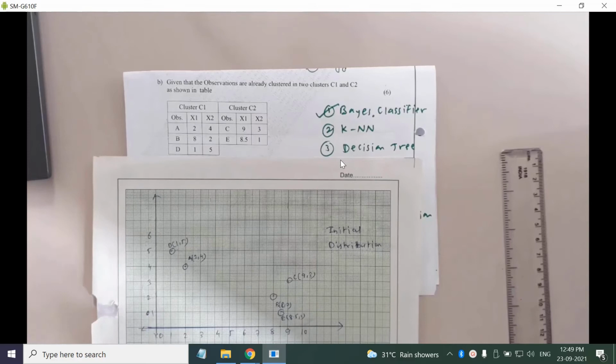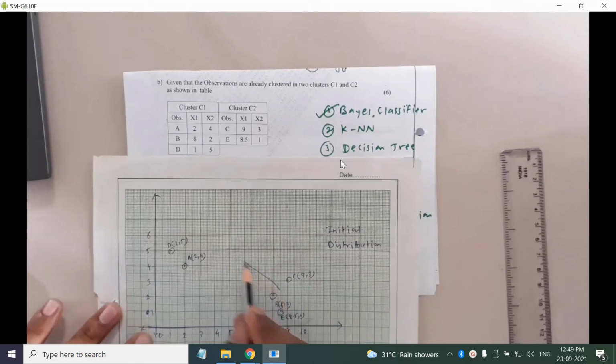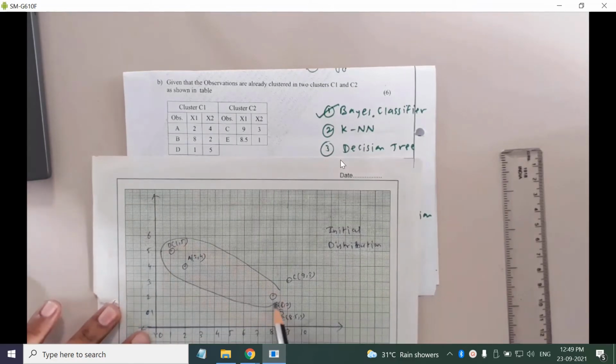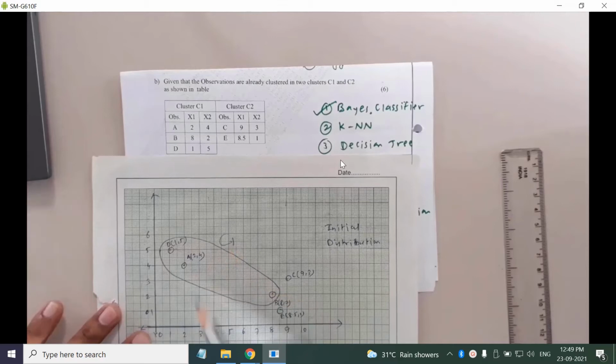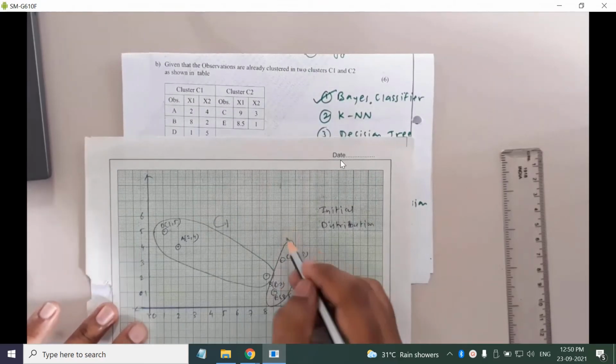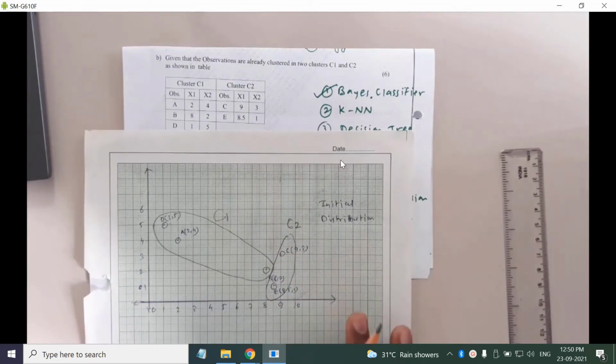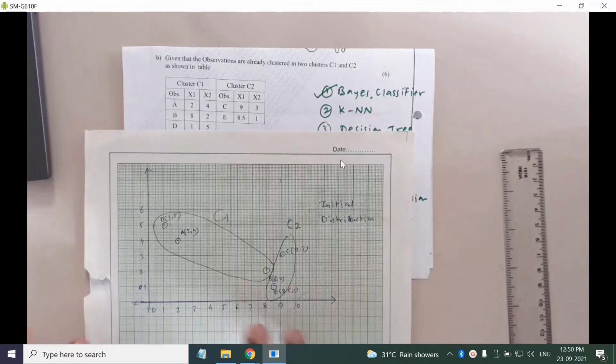So the initial distribution is over, and so we have a cluster of these 3 points. So this is my C1 cluster, and C and E are forming the C2 cluster. So this is the initial distribution given. And we know the answer from this graph.